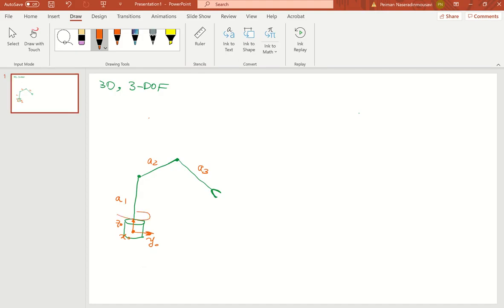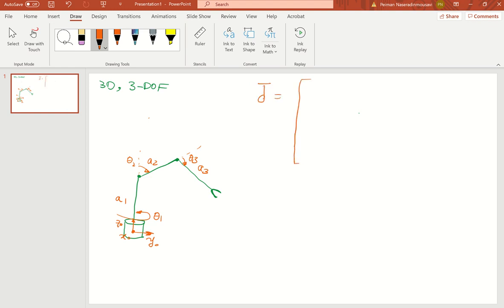So here is rotating by angle theta 1, this is rotating by angle theta 2, remember? And this is rotating by angle theta 3. By having this, from part 13 and part 14, finally I could calculate the Jacobian matrix of this 3D robot.